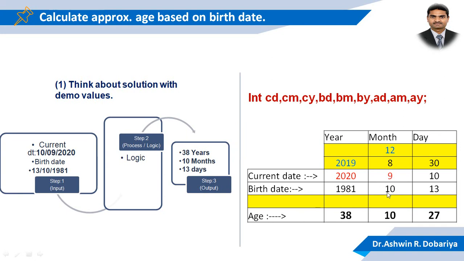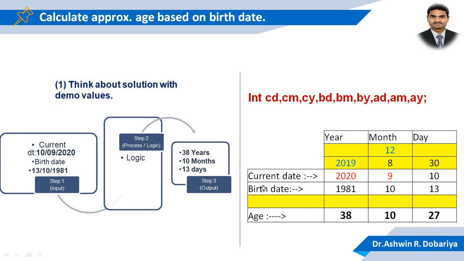Now let's discuss how we can implement this logic in a C program. So once again I give an overview about that. If you are able to subtract straightforwardly, if the current day is greater and the birthday is less, then you can directly subtract. So whenever we write a program, we have to check two conditions, right?